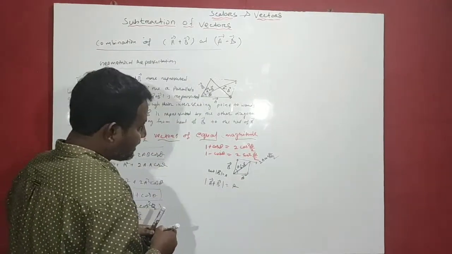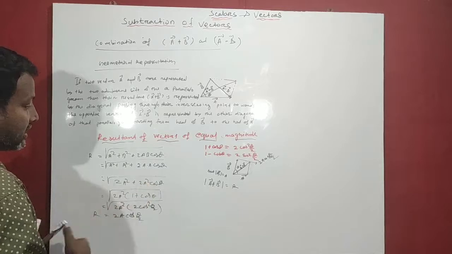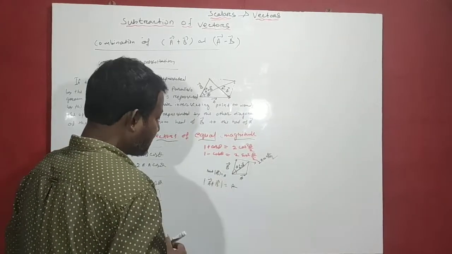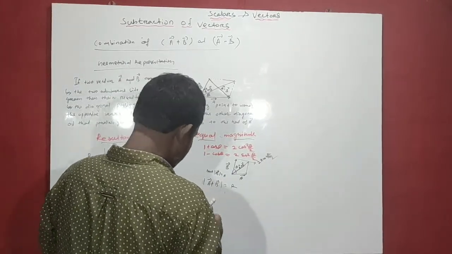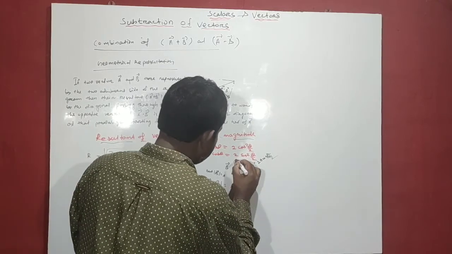Then the difference of two vectors: if we take the difference of A and B, we get another diagonal.